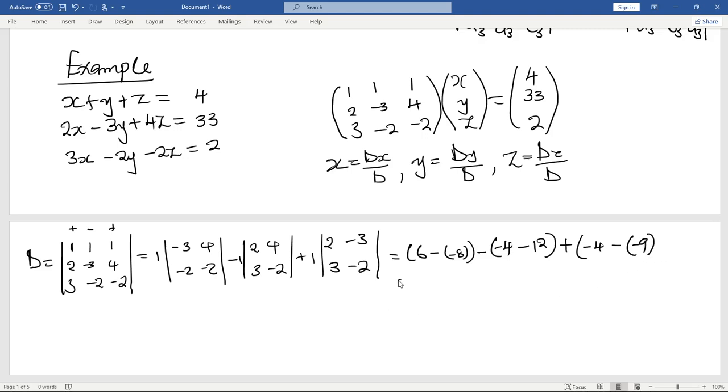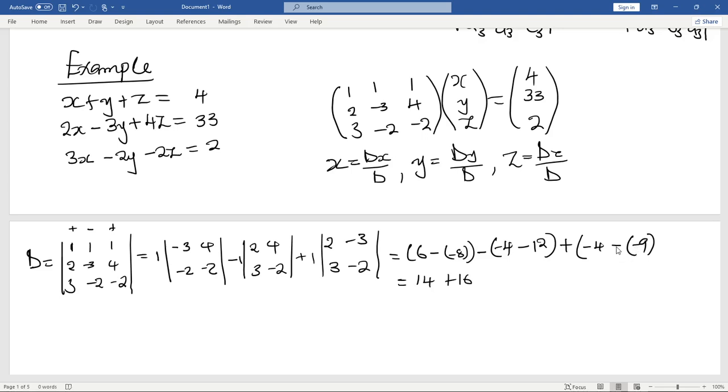Okay. So now this is the same as 6 plus 8, which is going to give us 14. Then here, we're going to have negative 4 minus 12, we get negative 16. Negative 16 times a negative outside here, we're going to have plus 16. Then this side here, negative 4 minus negative 9.